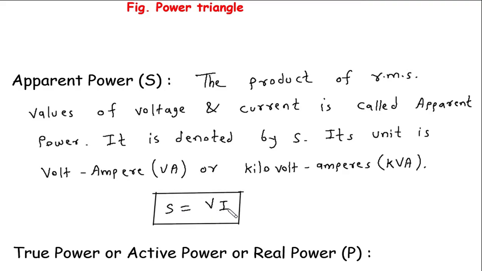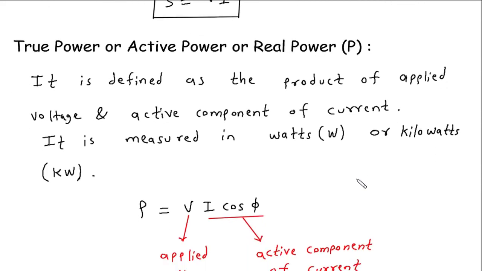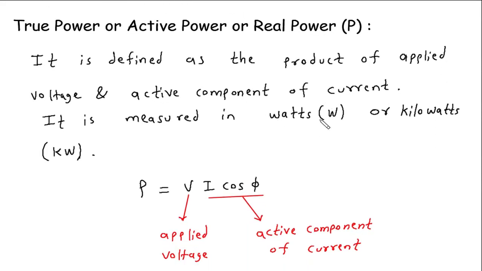So S is equal to V into I. Then true power, or active power, or real power, is denoted by P. It is defined as the product of applied voltage and active component of current. Now active component of current is I into cos phi. It is measured in watts, or in short capital W, or kilowatts, in short small k and capital W.